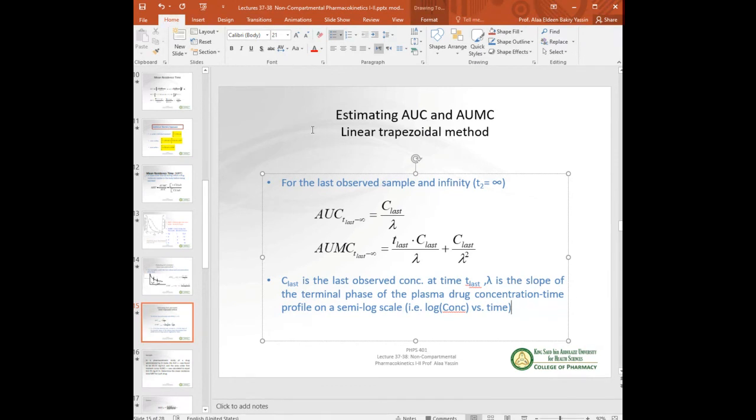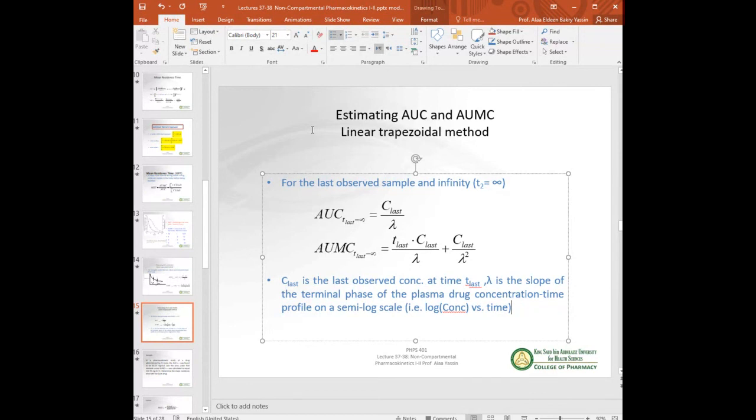And of course, it is an indirect interpretation of all the processes, including the distribution into various tissues and the elimination of the drug, the protein binding of the drug, and also the metabolism rate of the drug.